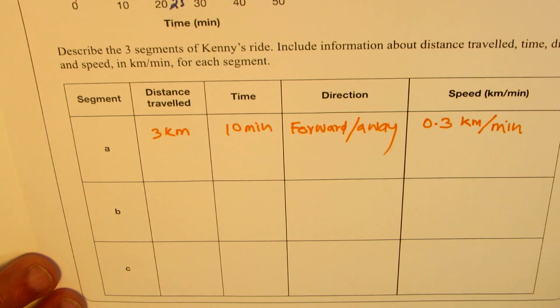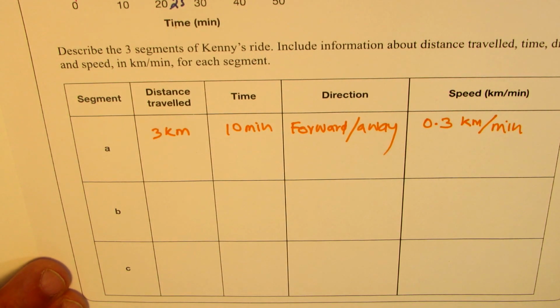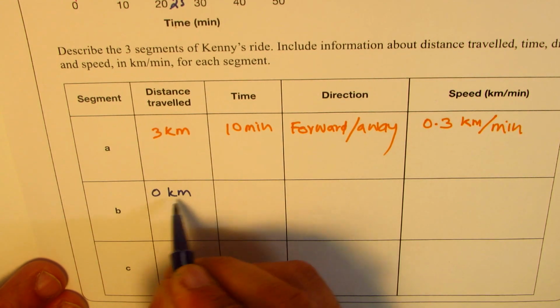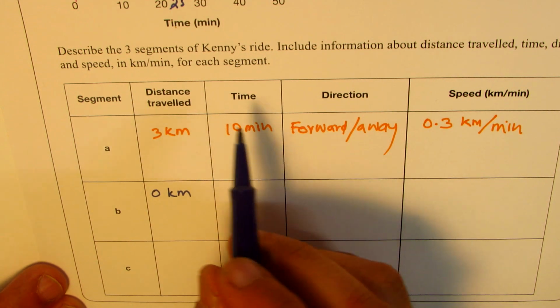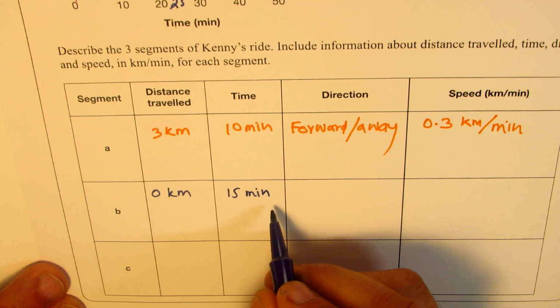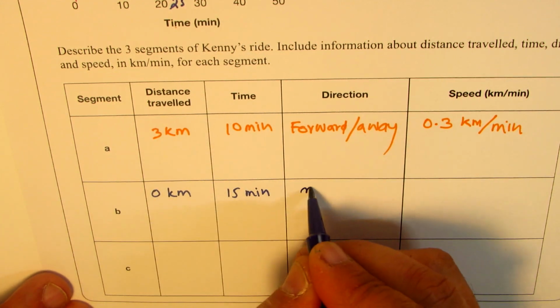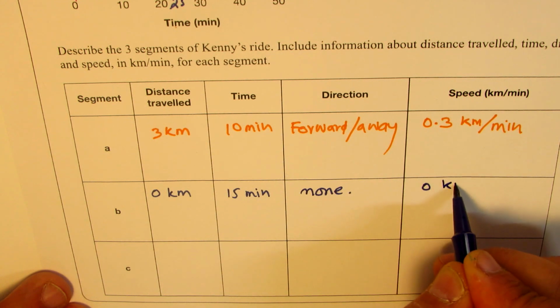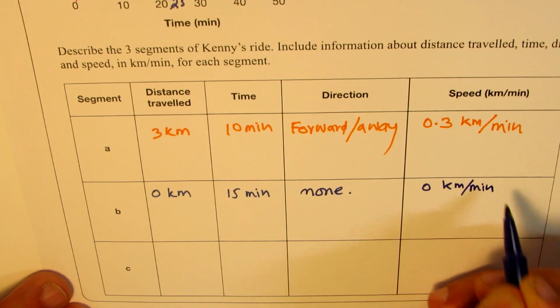So that is the speed in this case. Perfect. In B, we found that distance traveled was 0 kilometer. It didn't move at all. Time taken will be 15 minutes. So it is 15 minutes of rest. Direction, none. And the speed is 0 kilometers per minute.